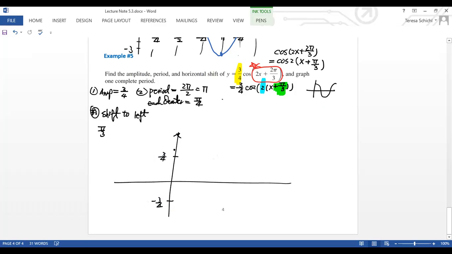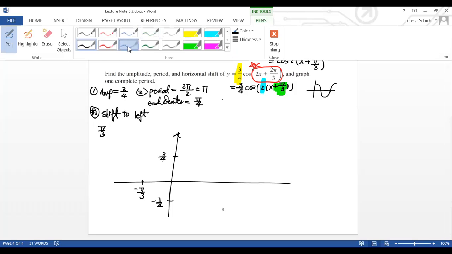That's what the 1 is here. Because of the shift to the left by pi over 3, I would say this is negative pi over 3. Okay, so I'm starting here. Let's take a look at what my point is here.